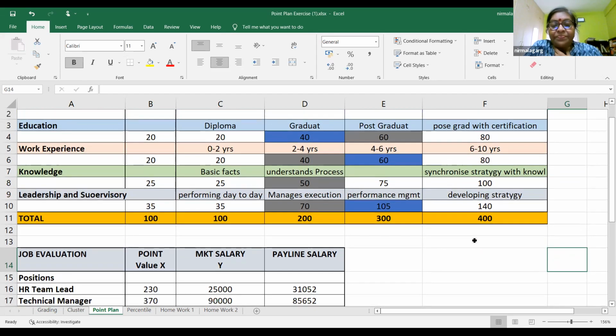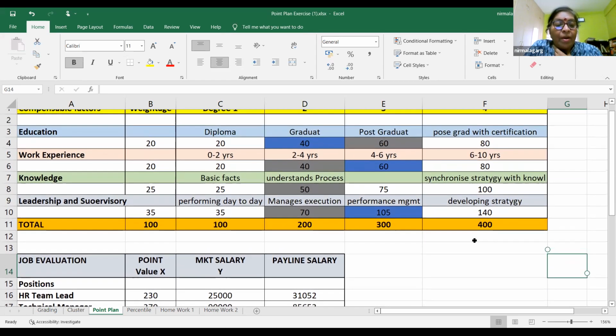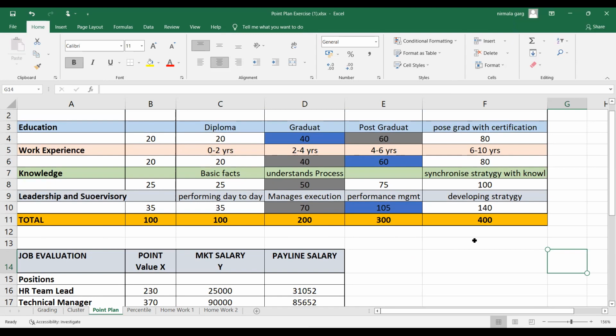Technical manager. Say, for example, a technical manager: the degree at which the education is required is post-graduation. So how many points? 60. Then work experience, for a technical manager, maybe I will look at 4 to 6 years. So 60, right?